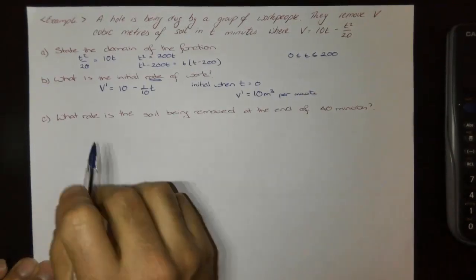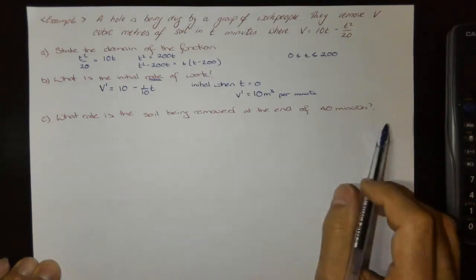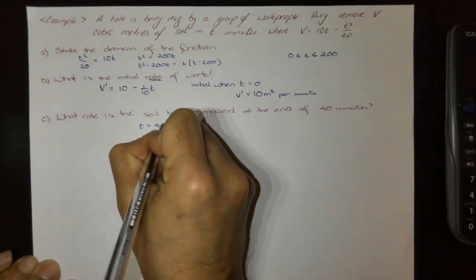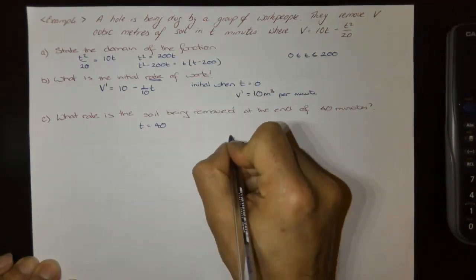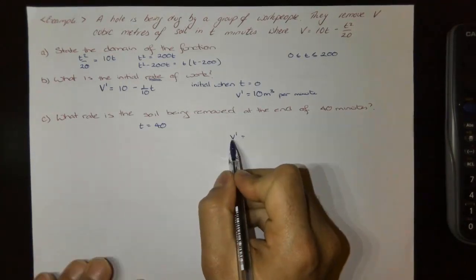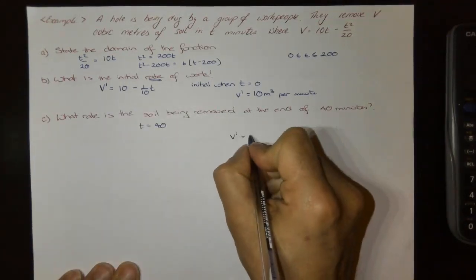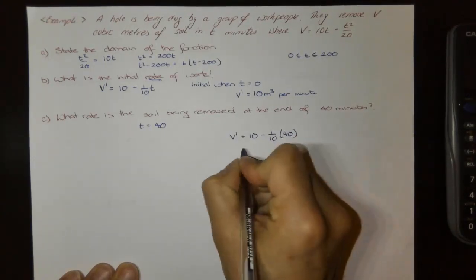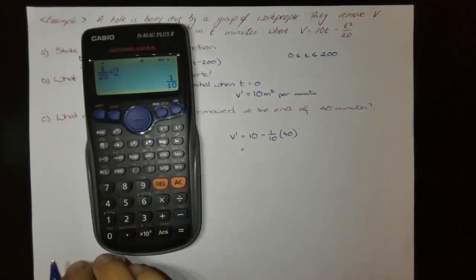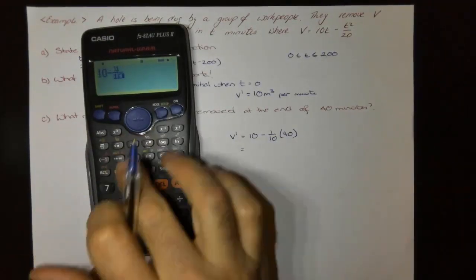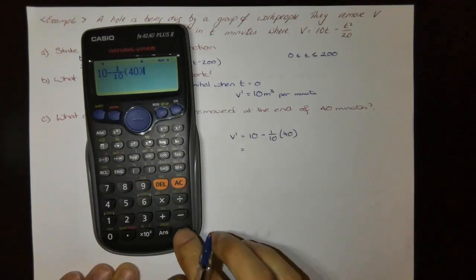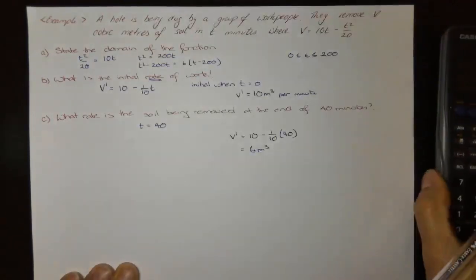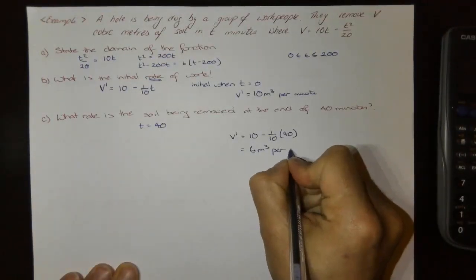Alright. So what rate is the soil being removed at the end of 40 minutes? So we're just going to plug in when t equals 40 into our v dash. So 10 minus 1 over 10 times 40 is 6 cubic meters per minute.